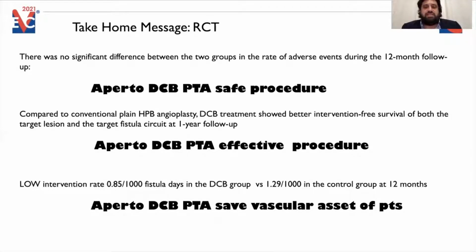Aperto DCB PTA is an effective procedure because in the DCB group we see better primary patency compared to high-pressure balloon. And Aperto DCB PTA saves the vascular asset of patients for a long time, because we have a low intervention rate, 0.85 retreatments compared to 1.29.